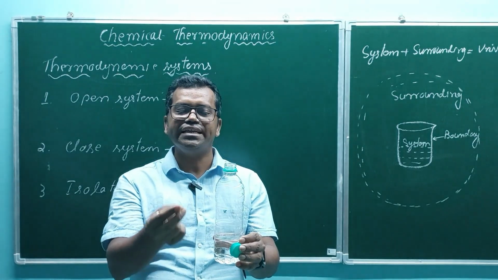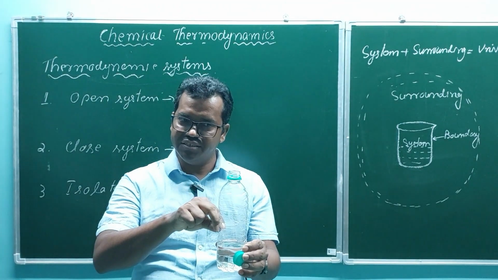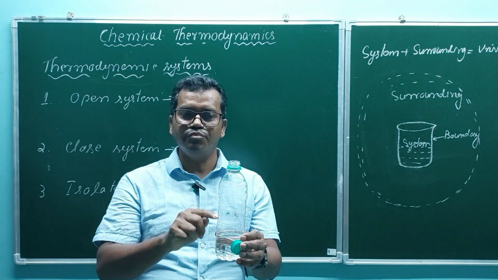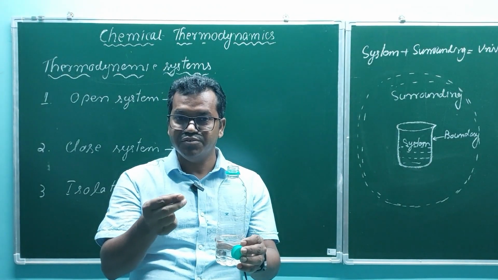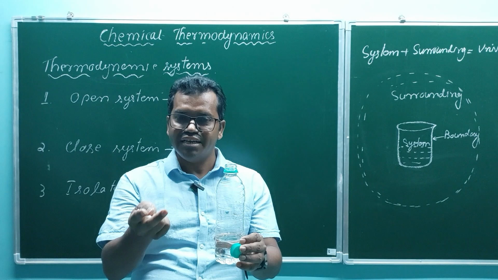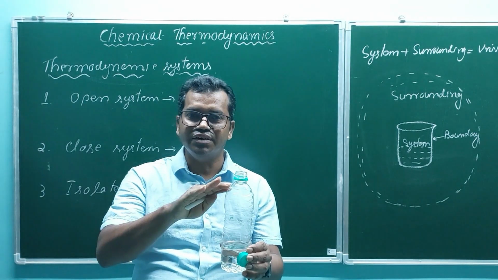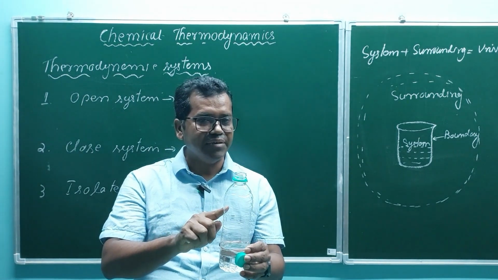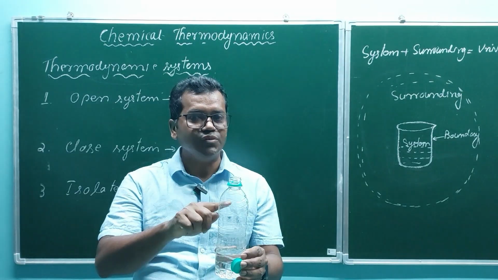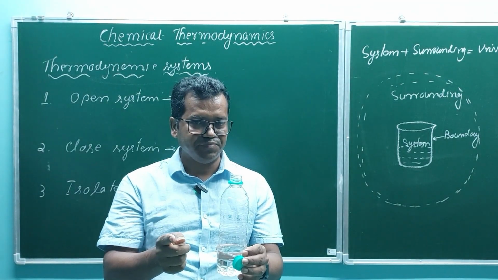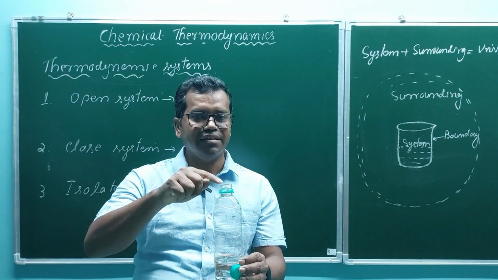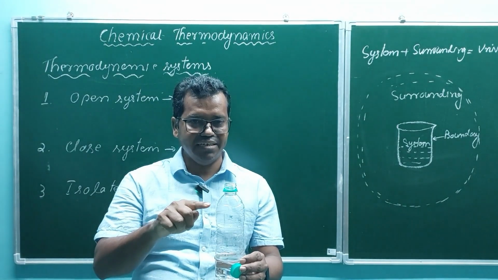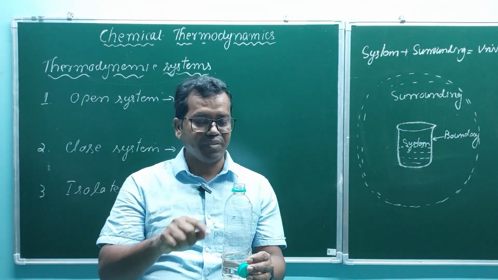That is, we can add matter into the system and remove matter from the system. In other words, matter can exchange with its surrounding. Since it is open, this system can exchange matter with its surrounding.